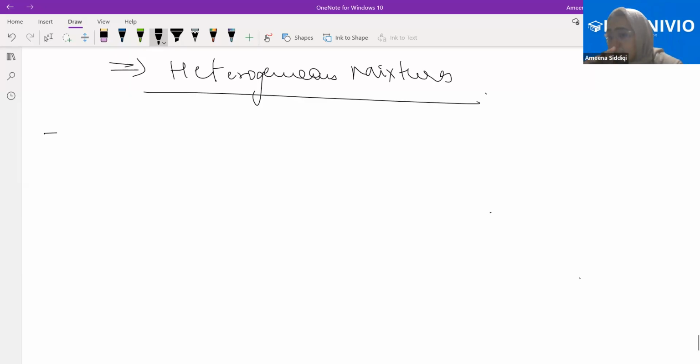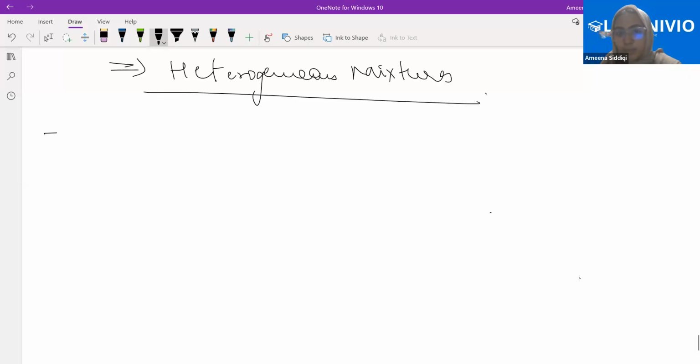Recall the properties that we studied for homogeneous mixtures when we were trying to differentiate between the two. Yes, Khadija, please answer. They have different composition and properties than a solution. Yes, that is obvious, but why do they have so? Yes, Abdullah. Ma'am, there is no chemical bonding.